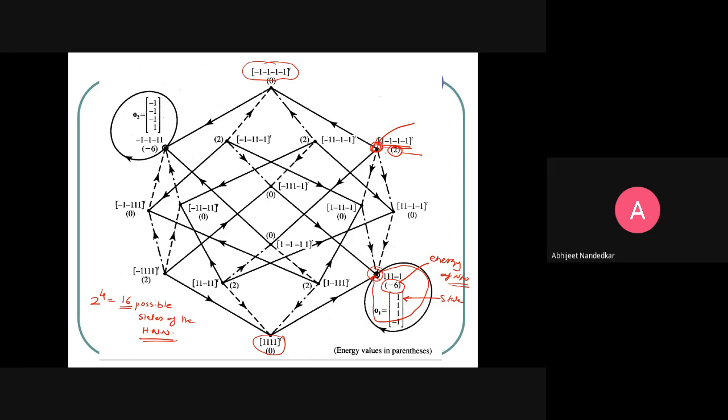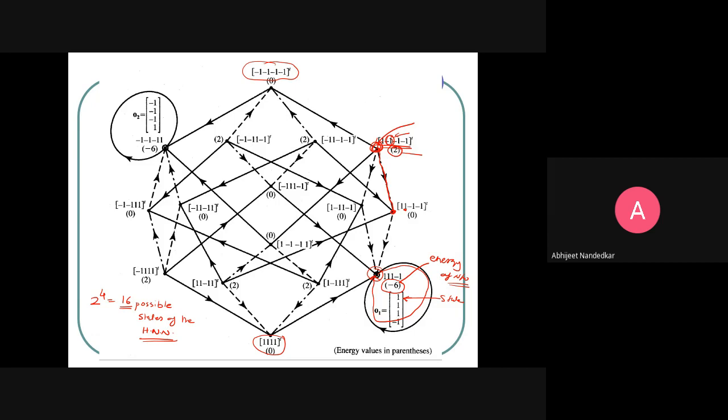Now suppose you allow this bit, or this neuron, to change its output, then you will move from this point to this point. So this has become positive.